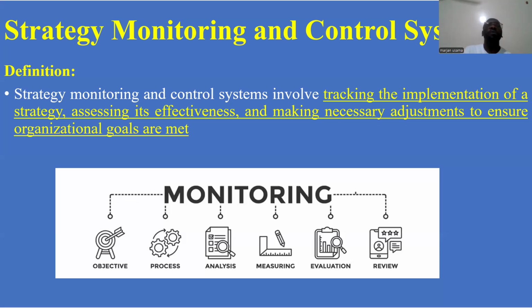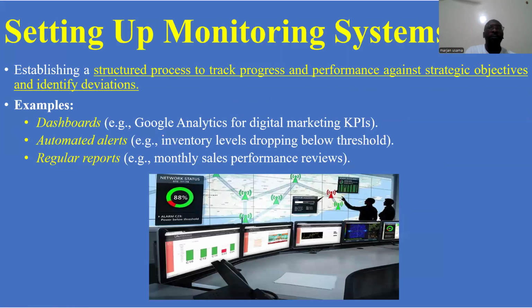So a strategy monitoring and control system involves tracking the implementation of strategy, assessing its effectiveness, and making necessary adjustments. The keyword is tracking. So we are monitoring and tracking day by day as we are making changes.